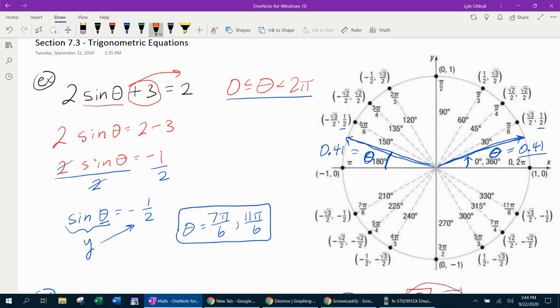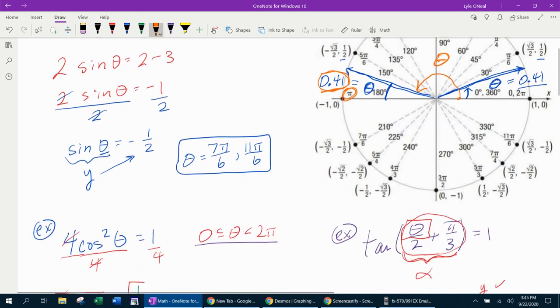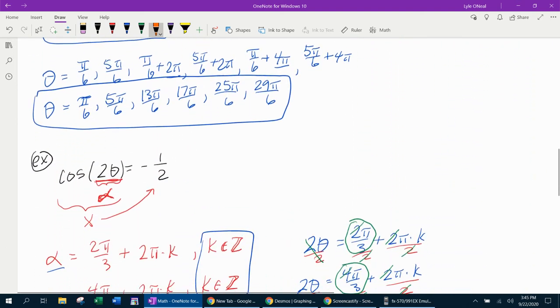And so the actual angle from 0 to here, this is my actual angle, is going to be pi minus 0.41. Does that make sense? If I go all the way around to pi and then subtract that amount, it's going to give me the second quadrant angle.